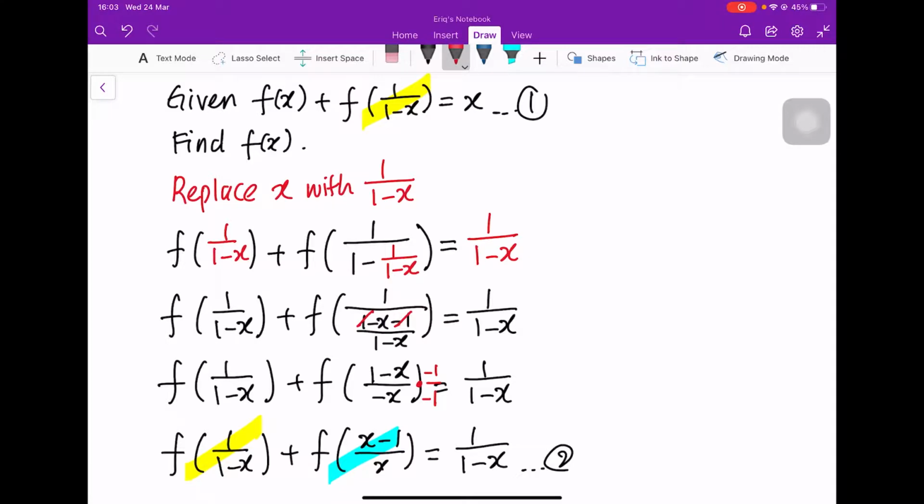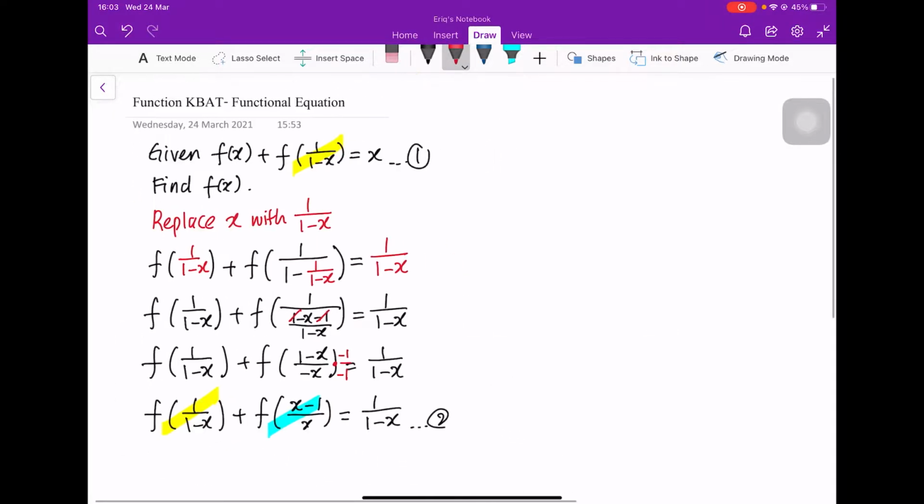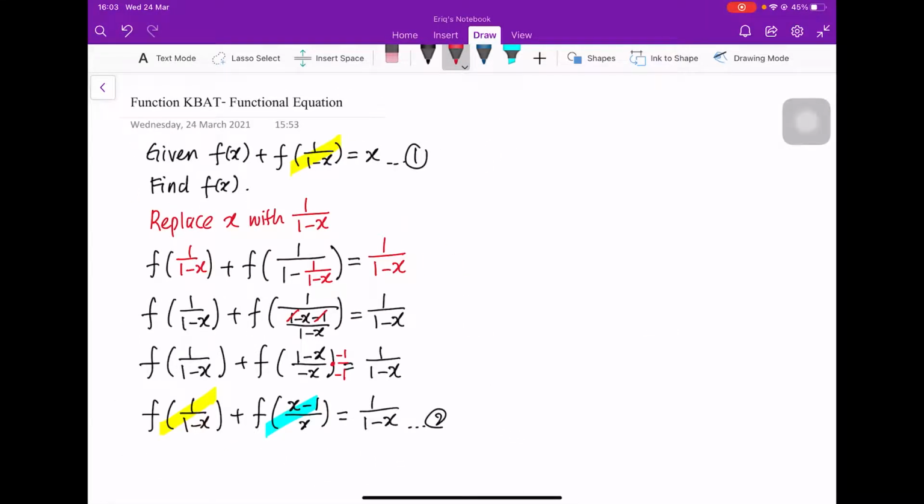So what I do is I simply replace my x, this time, with this thing inside, x minus 1 over x. The reason is when I plug in this x minus 1 over x into the original equation, I will have this x, which later on I can cancel out with the one in blue just now.